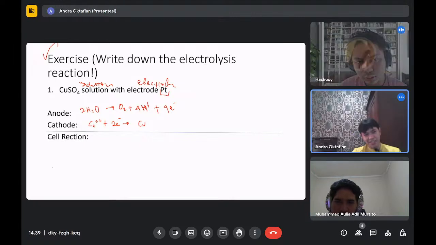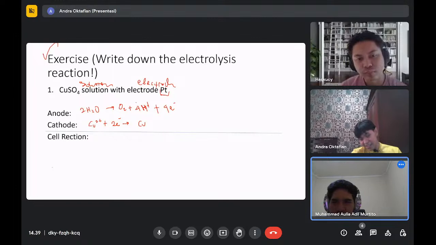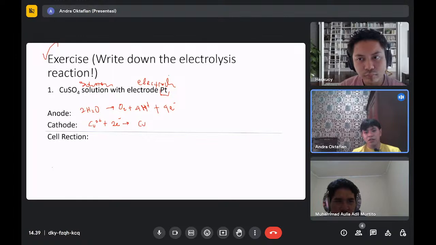What if it is 3 plus instead of 2 plus in Cu? Let's say a certain chemical element that has a 3 plus ion. There are several ways to determine the charge of the ion of that substance.